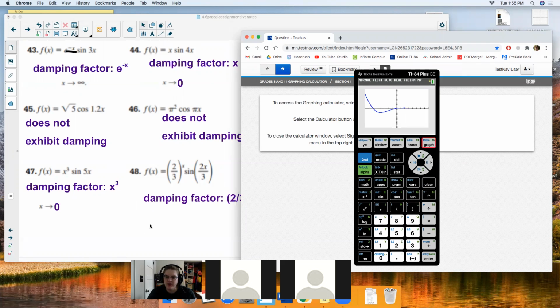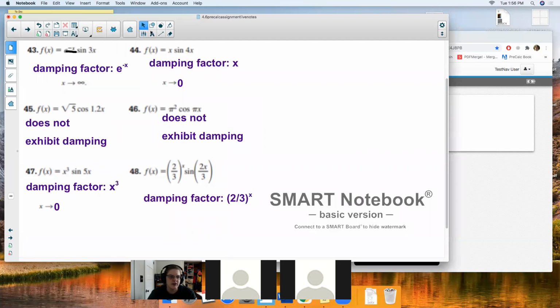If we graph that one, whoa, that is a very large period. Either way, it is definitely going towards infinity because it's not expanding after 0.